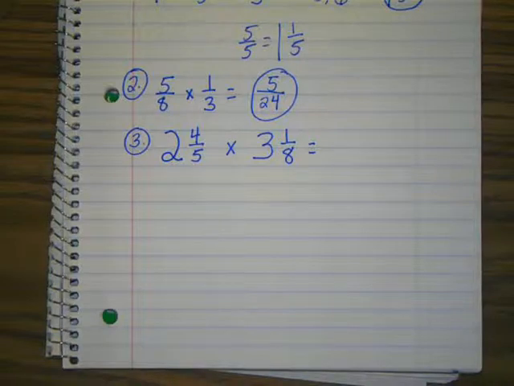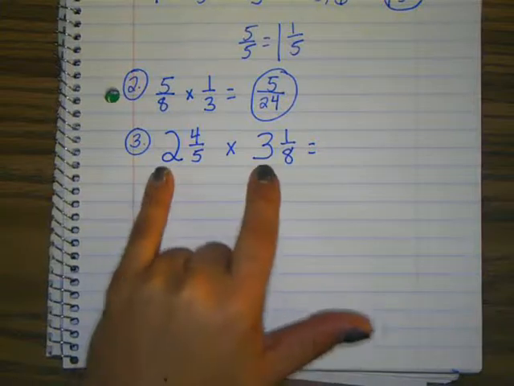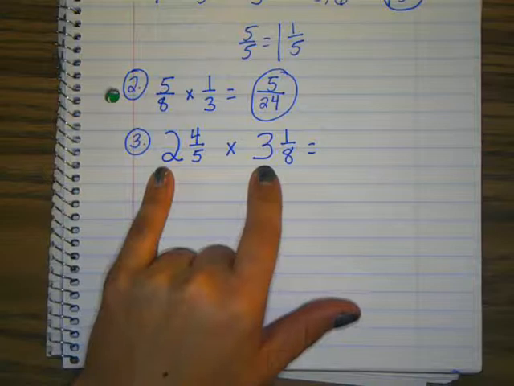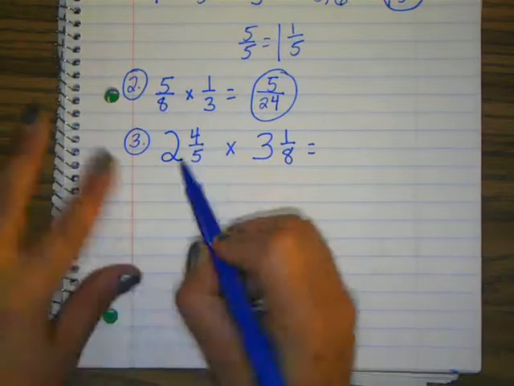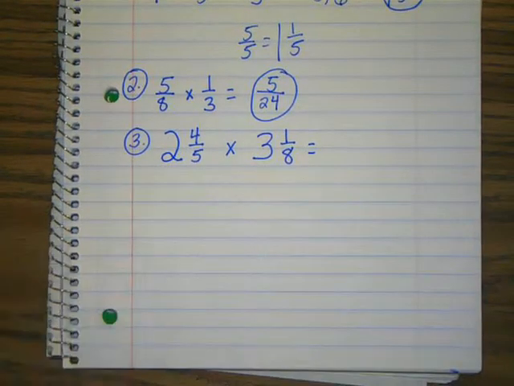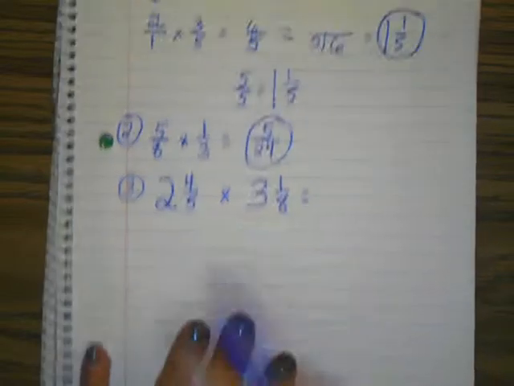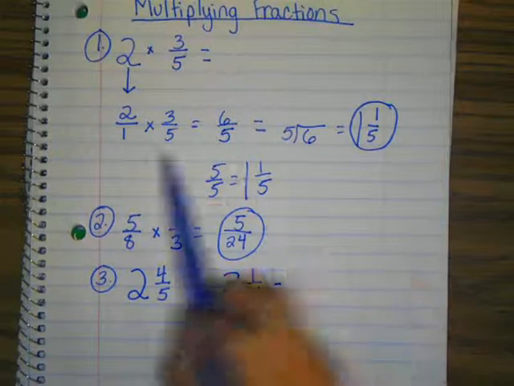Because up here, I couldn't multiply by a whole number. I had to change that to a fraction. Trey. Yep. We make it improper fractions by multiplying the denominator and adding the numerator.